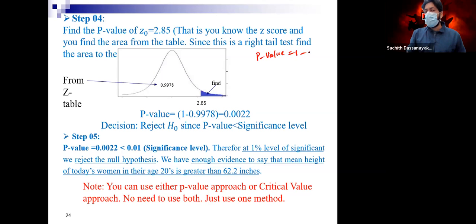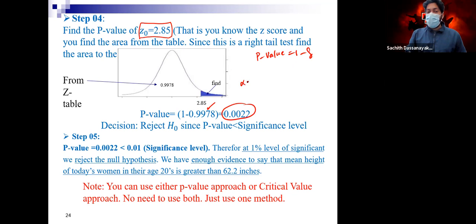It is equal to 1 minus delta, right? So same here, once you get the probability for this value, you will get 0.9978. Once you check the table, you will see that. Then take 1 minus, and this is your p-value.